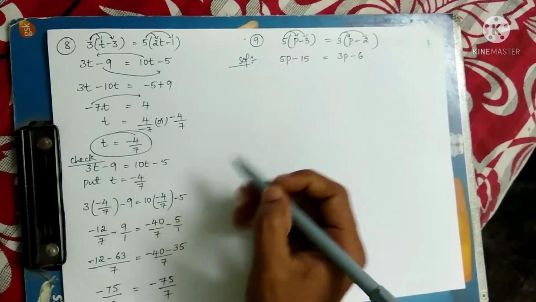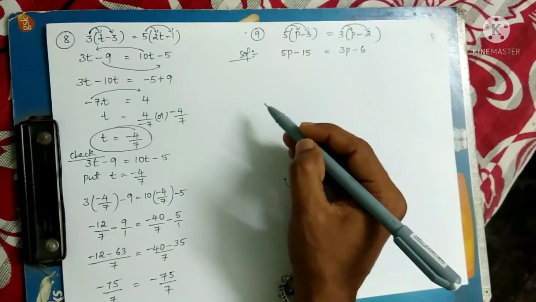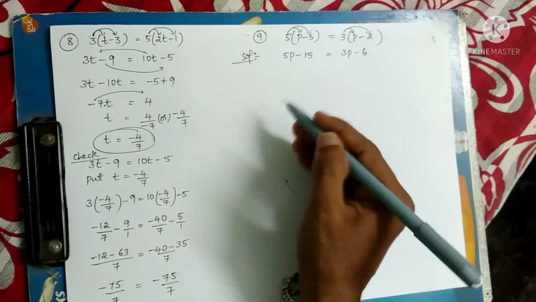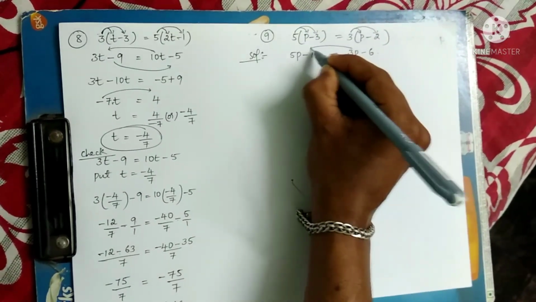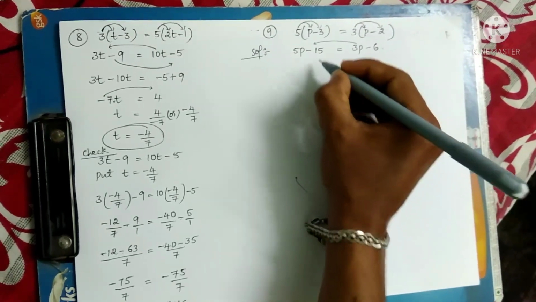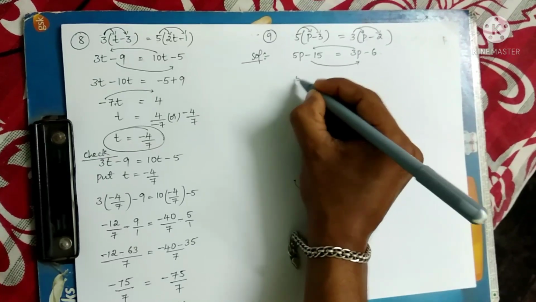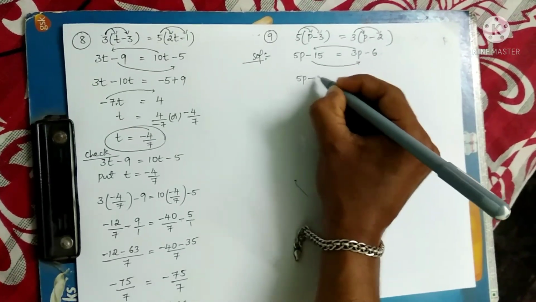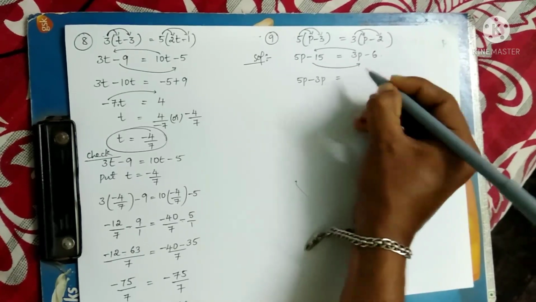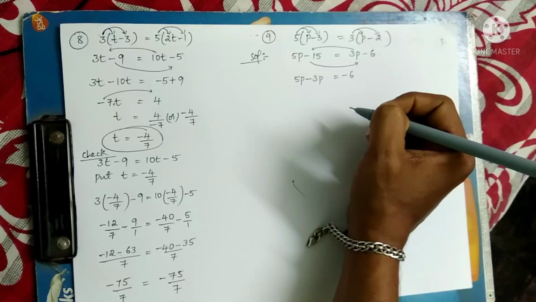Okay. As in the previous problems, we do it by transposing the variables. So this 3p is transposed to the LHS and minus 15 is transposed to the RHS. Then we get 5p. If I transpose plus 3p to the left side, it becomes minus 3p, which is equal to, so write minus 6 on the RHS as it is.